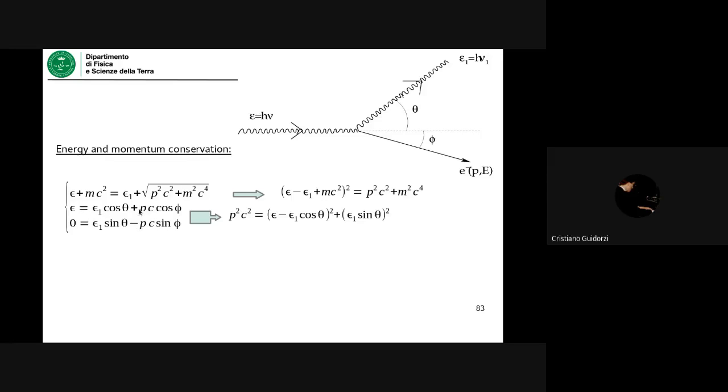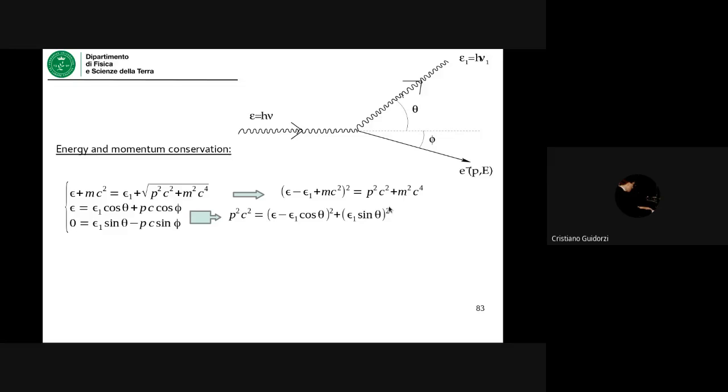Well, you see that you have the same combination cos square phi plus sine square phi. So you have just P square c square, plus what you have from the second equation squared, plus what you have from the third equation, this term squared, just like that.